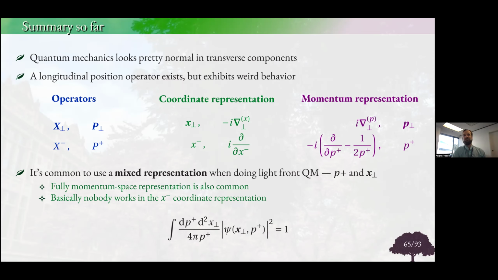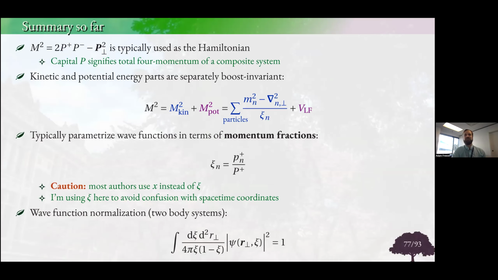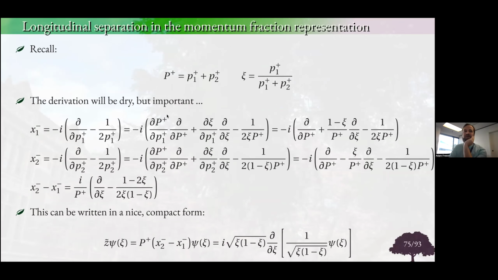As for two-body quantum mechanics, I wanted to basically reiterate this Miller-Brodsky variable, which is kind of the equivalent of a two-body longitudinal separation. The transverse separation is actually a really nice observable.